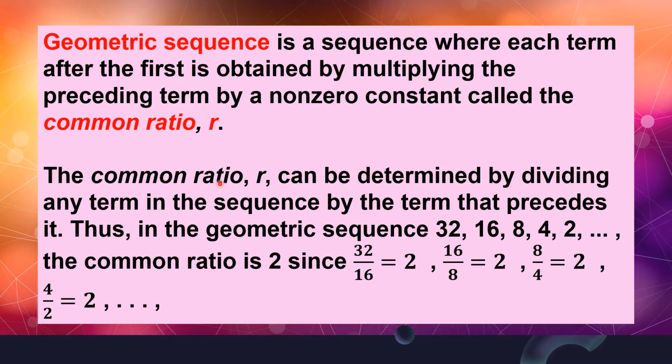The common ratio, or r, can be determined by dividing any term in the sequence by the term that precedes it.